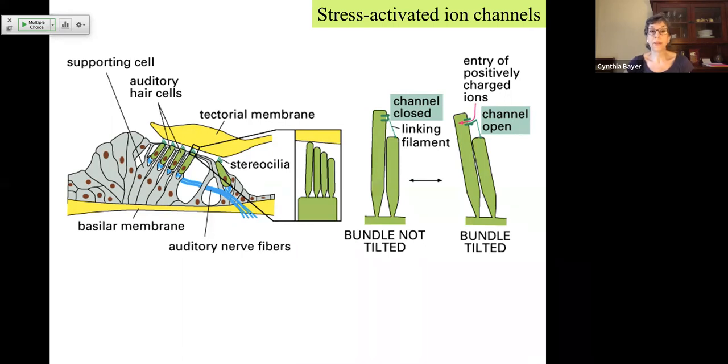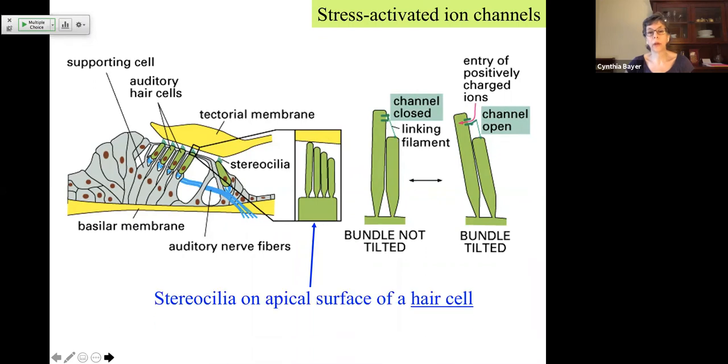Now, the reason these are called auditory hair cells is because on their apical surface, if we blow up this apical surface of one of the hair cells, we see that we have this staggered arrangement of these projections, right? That's all plasma membrane, right?